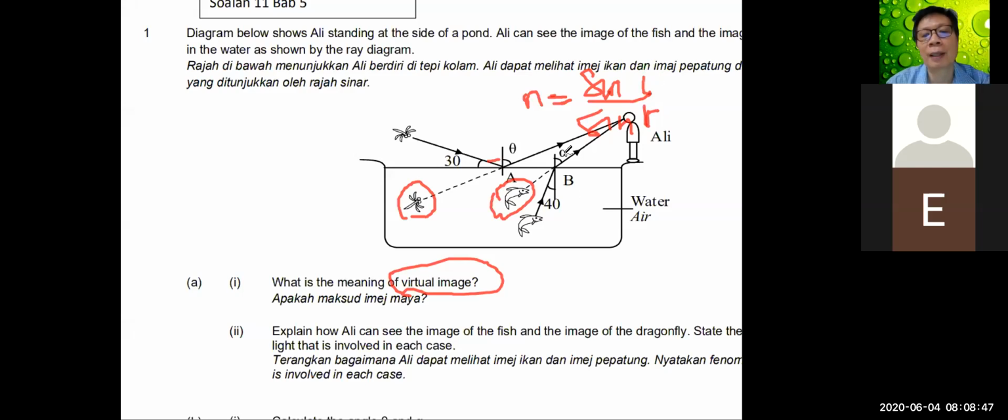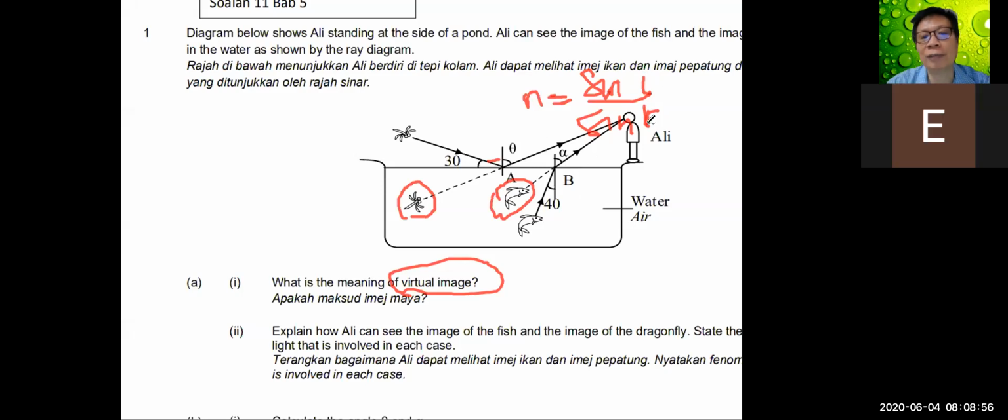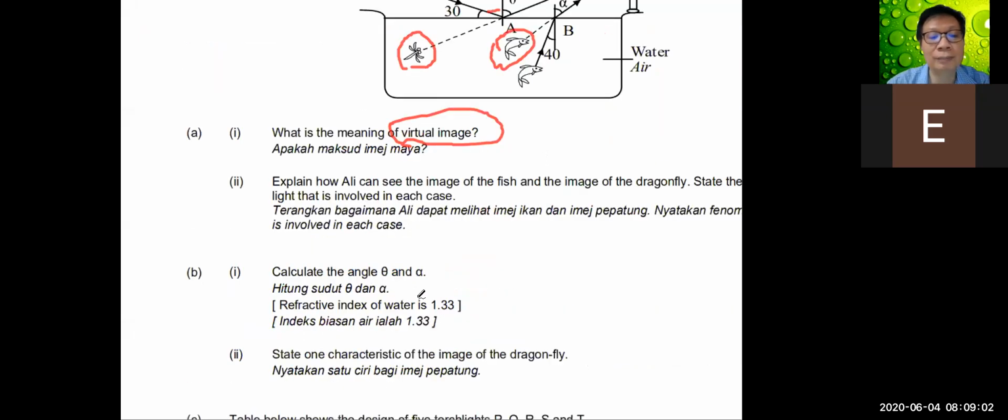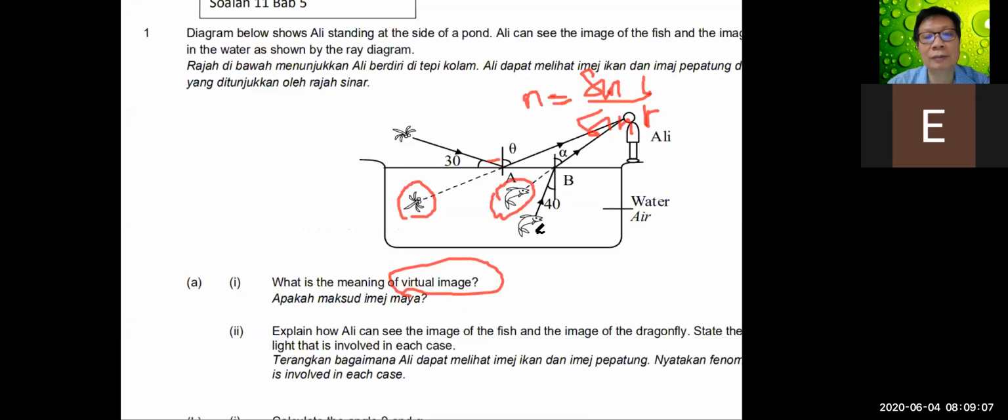You see here, alpha and 40. Who is bigger? Alpha is bigger, so alpha goes up here, and r is 40. The refractive index is given in the question. The question says 1.33, okay?